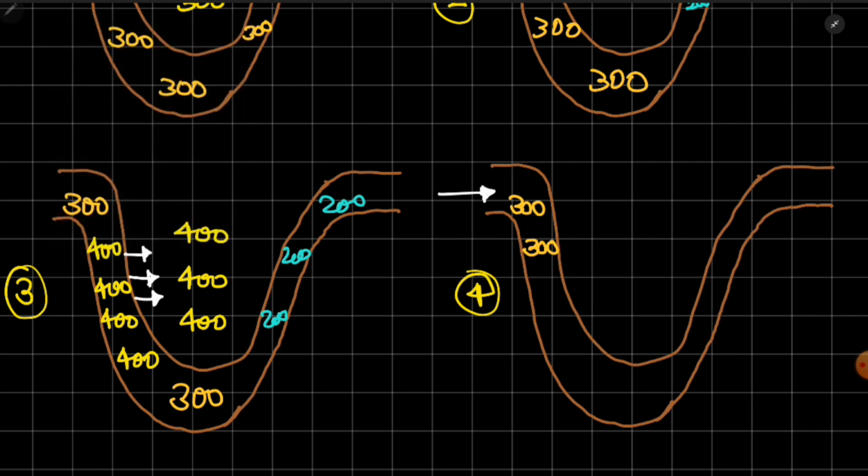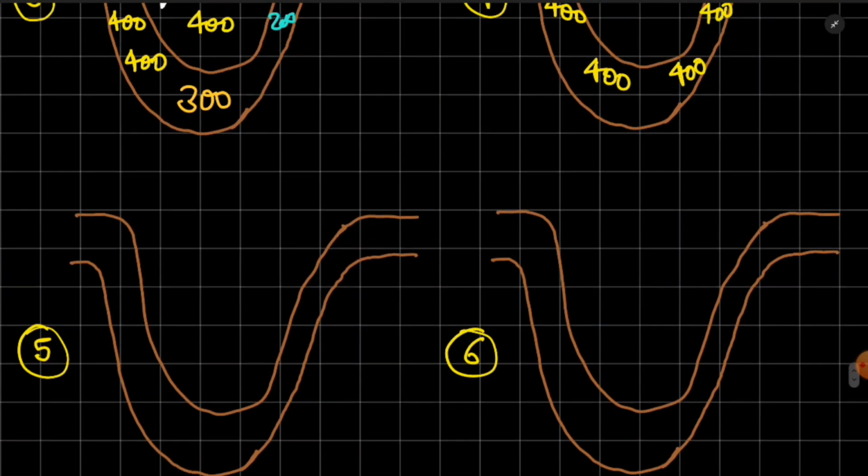The 400 osmol will be pushed downwards and will go to the ascending limb, and the 200 osmol will also be pushed and will go to the DCT. Now more solutes are removed from the thick ascending limb, so this 200 will become 150.